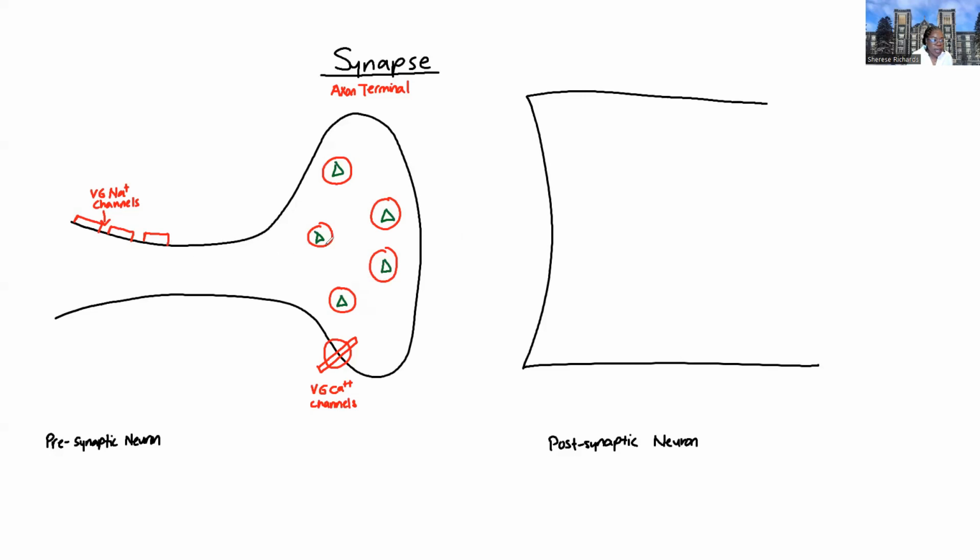Then let's put in some of the other players that we talked about. So the receptors, which will be on the postsynaptic side. We have a receptor that is specific to the neurotransmitter in question here. It's my little receptor. And then we have our reuptake molecule, which is on the presynaptic side.